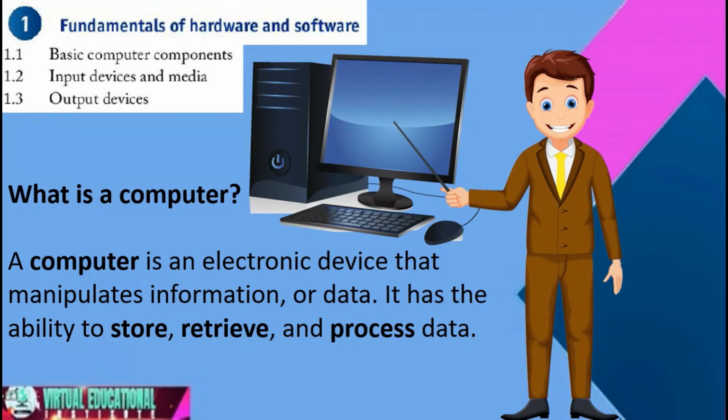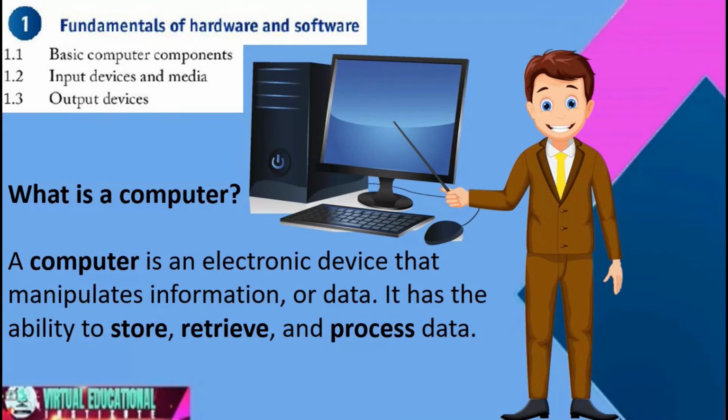And this electronic device has the capacity to store data and information. You can also retrieve data and information. And of course, you will also be able to process data.